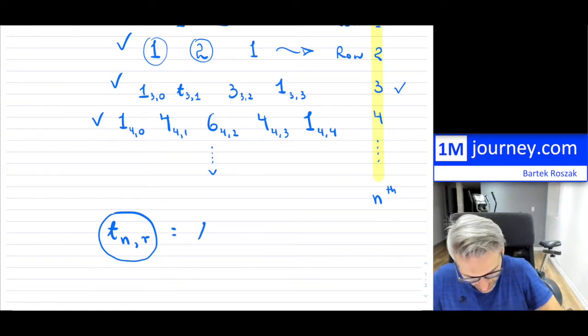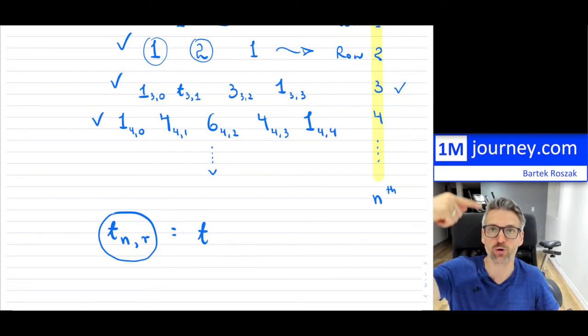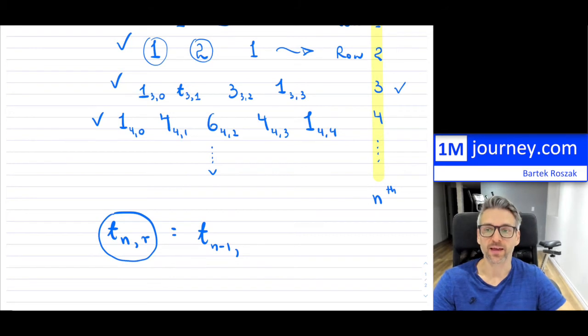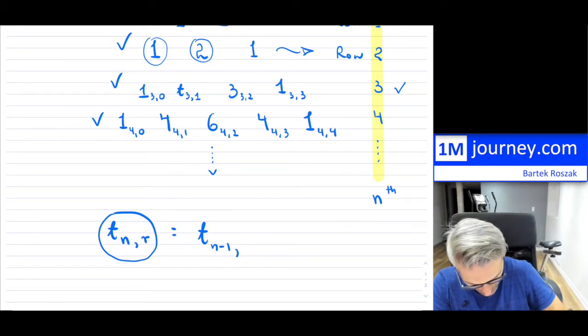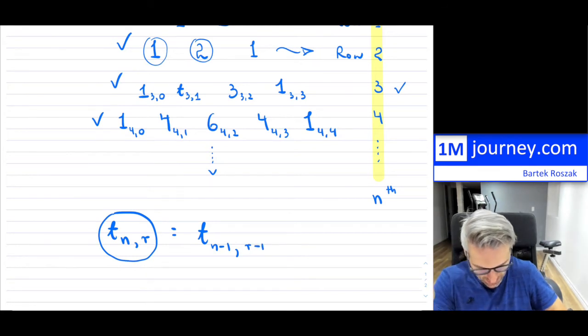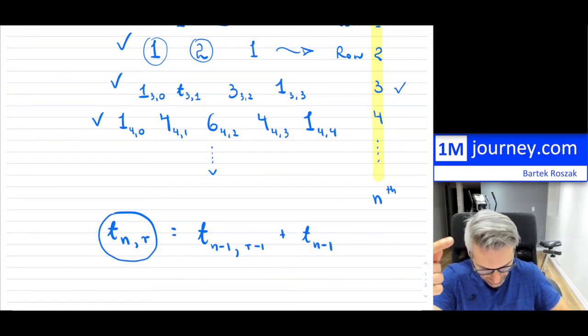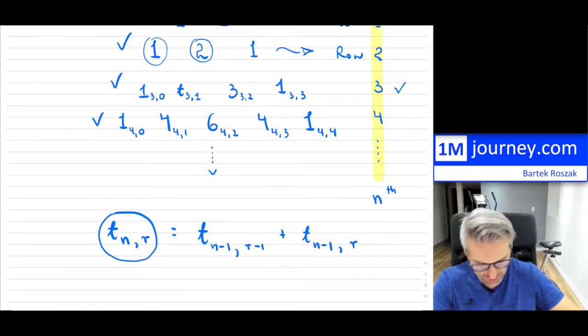The two above it are 1 row up, so this would be n minus 1. And 1 to the left and 1 to the right. So this would be r minus 1, that's to the left, plus the other term, which is 1 row above, and this would be just r.